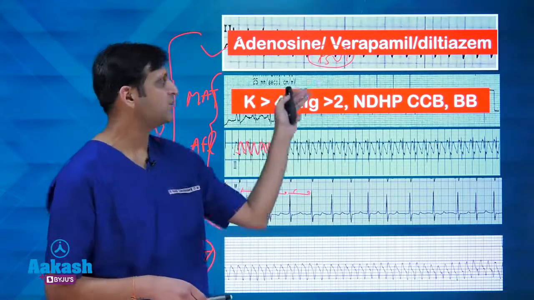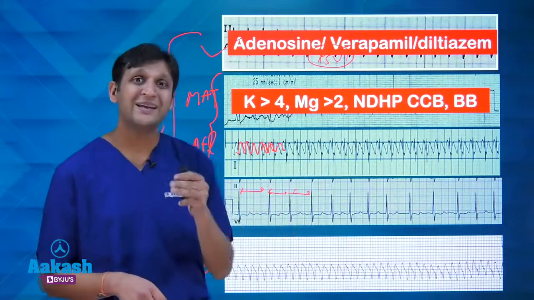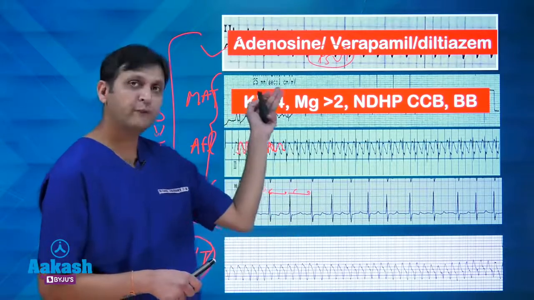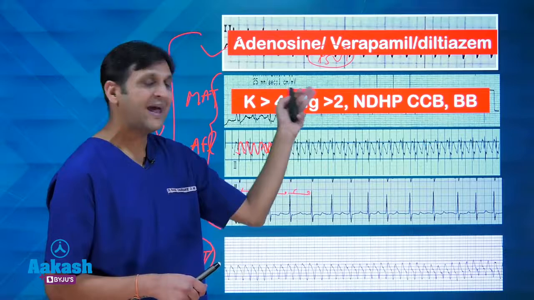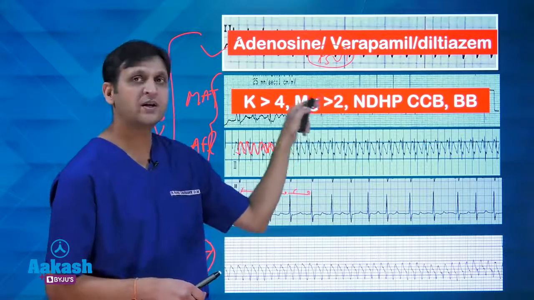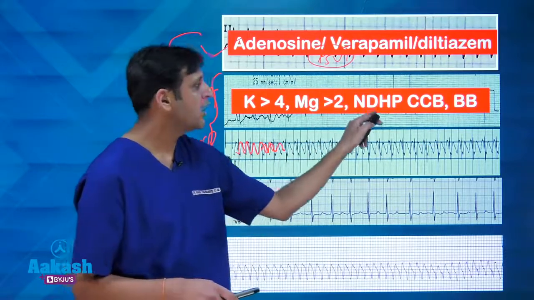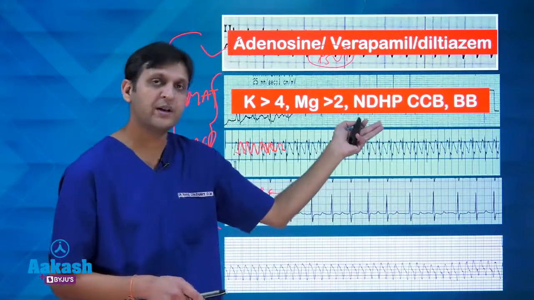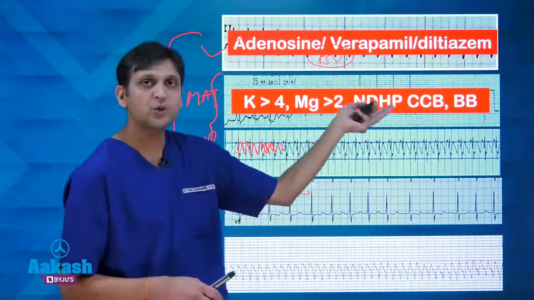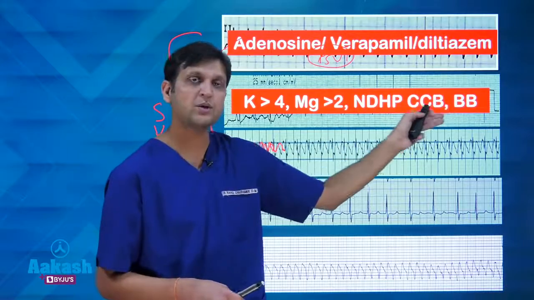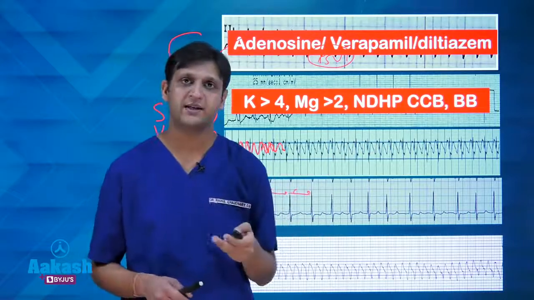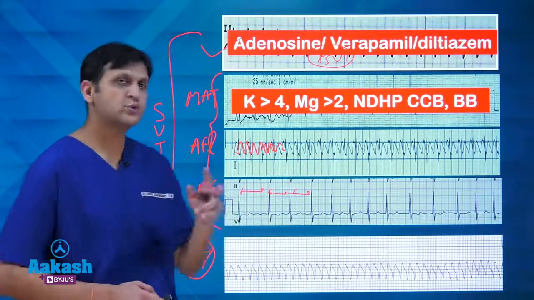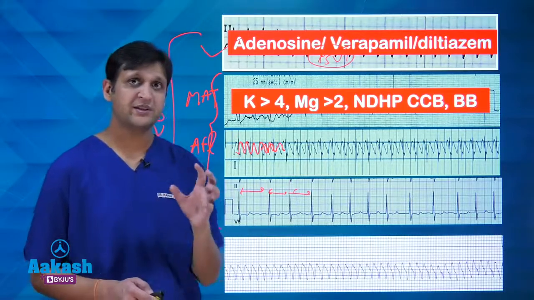So in a patient with multifocal atrial tachycardia, please keep the potassium above 4 and the magnesium above 2. If you have to use some drug, the drug of choice would be non-dihydropyridine calcium channel blockers, so you can use diltiazem or verapamil. If the patient does not have a history of COPD, then you can use beta blockers to suppress the multifocal atrial tachycardia.